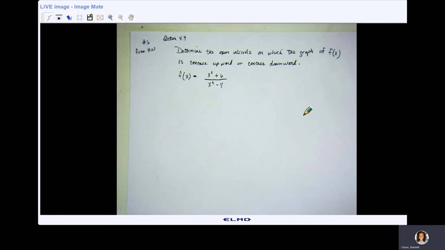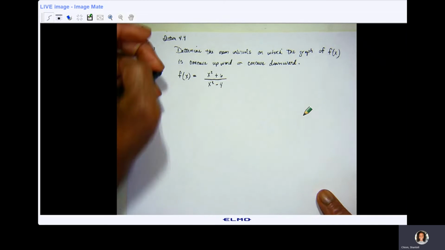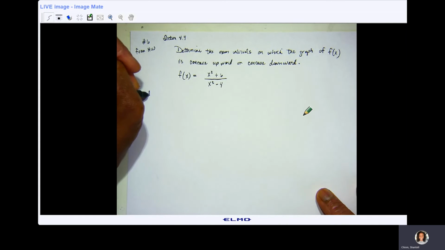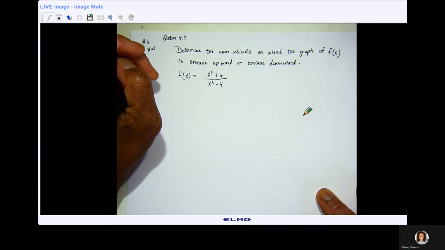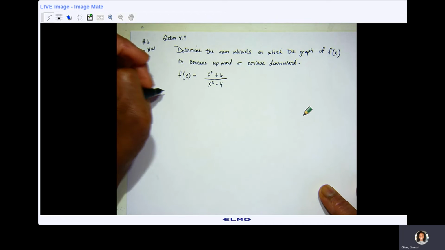Alright, the first thing we have to do is find the first derivative.